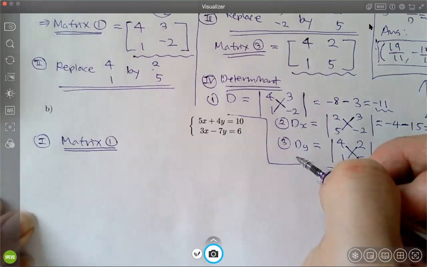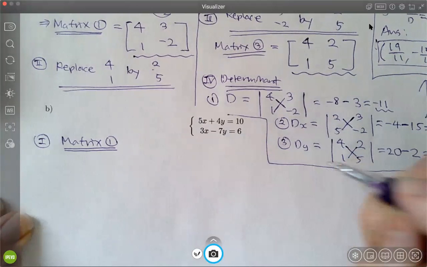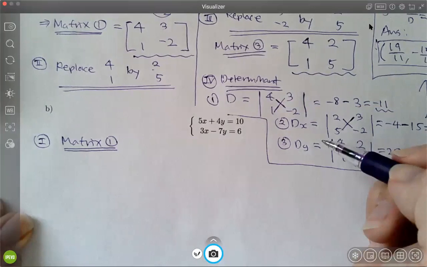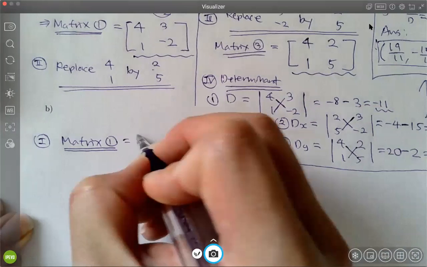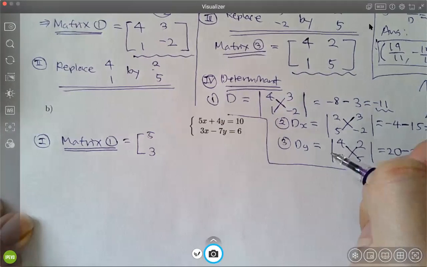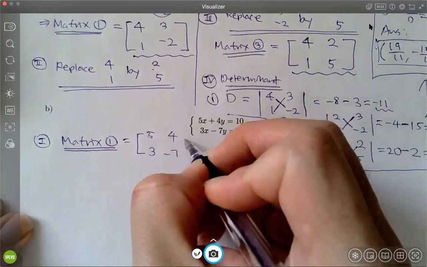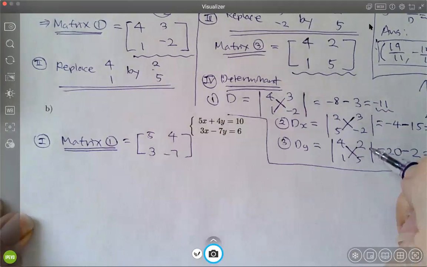So what do we do here? The x coefficients, 5 and 3, go to the first column, right? So we have 5 and 3. And then the y coefficients, 4 and negative 7, go into the second column, right? So you got that?